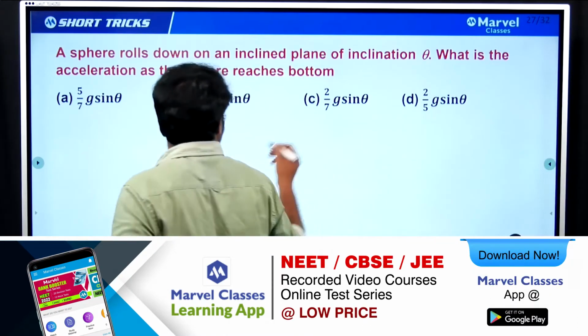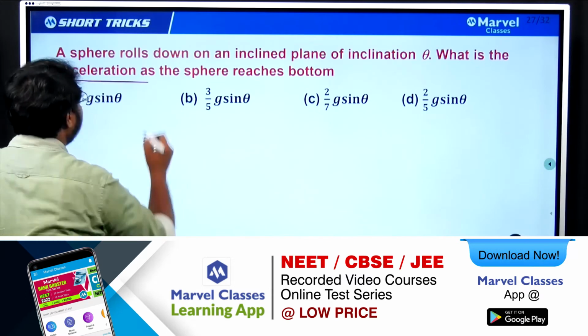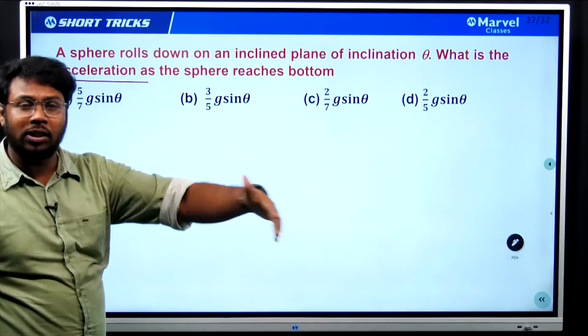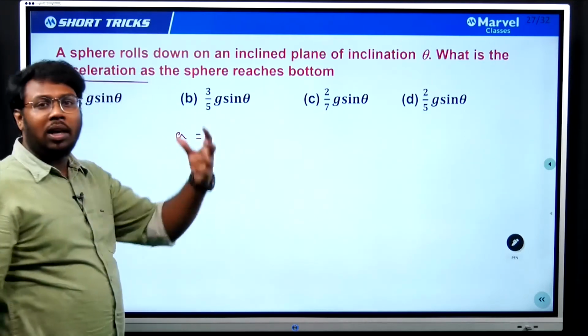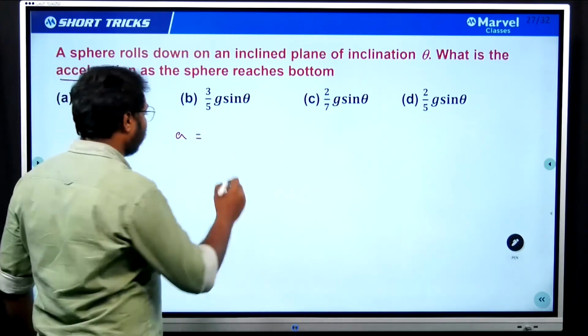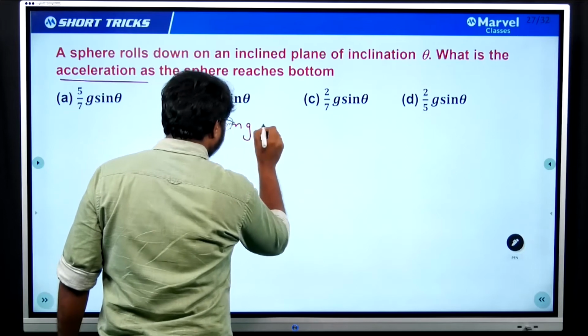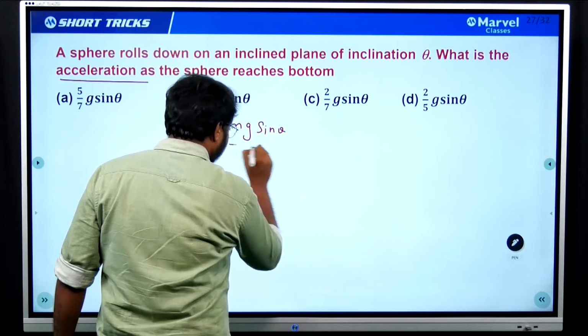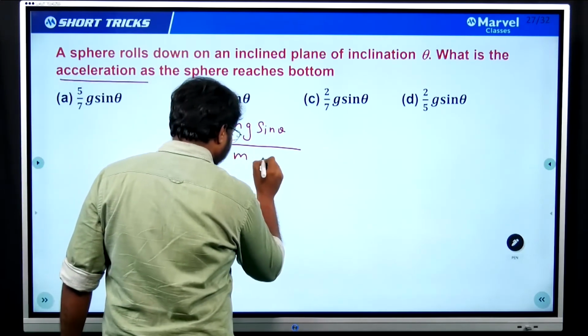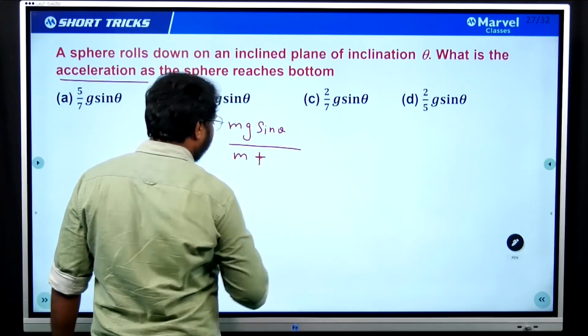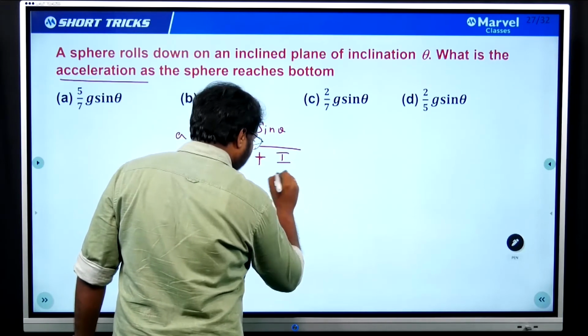So as they have said, we are supposed to find the acceleration of the body when it reaches the bottom. So the acceleration a is nothing but the unbalanced load, which is mg sin theta, divided by m plus I by r squared.